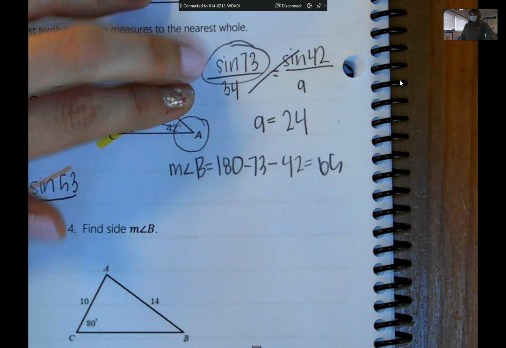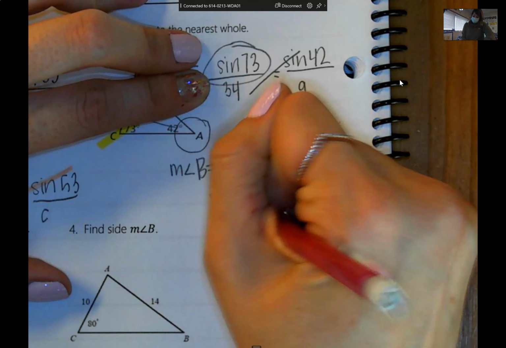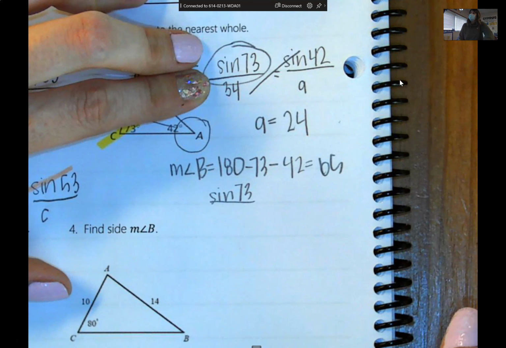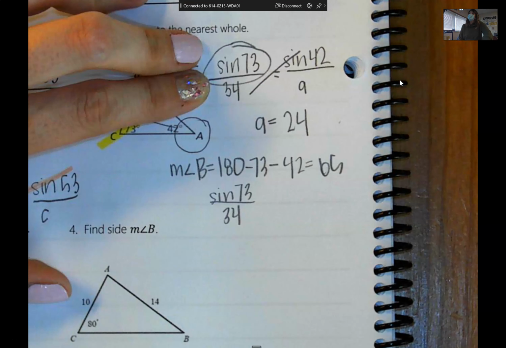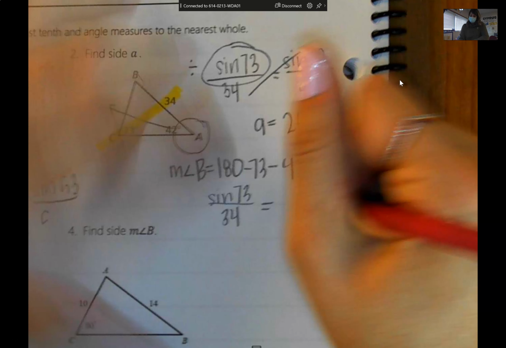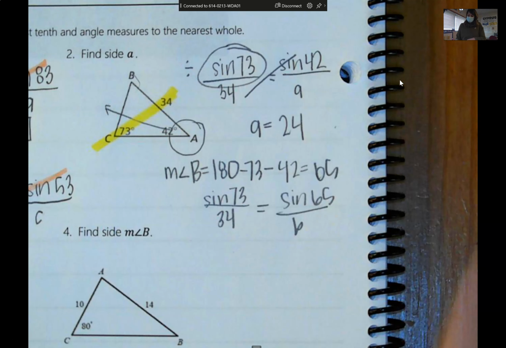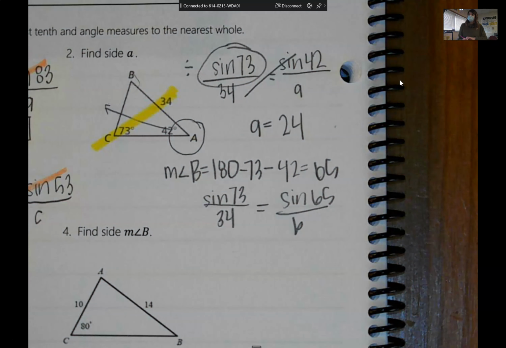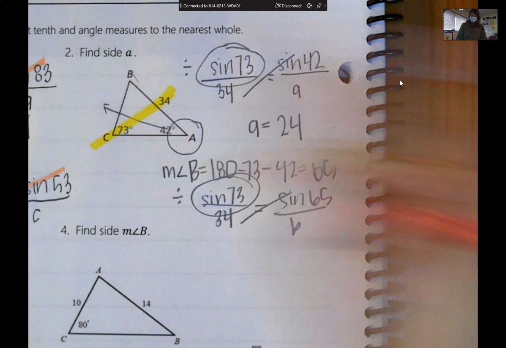So we take the same starting ratio, sine 73 over 34 equals sine 65 over side B. Cross multiply, divide.